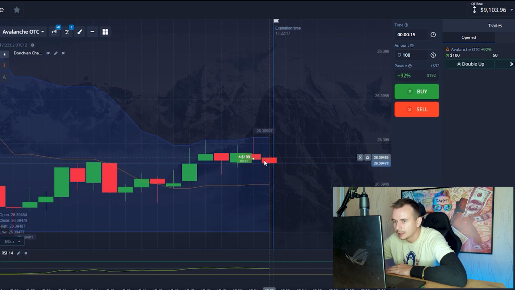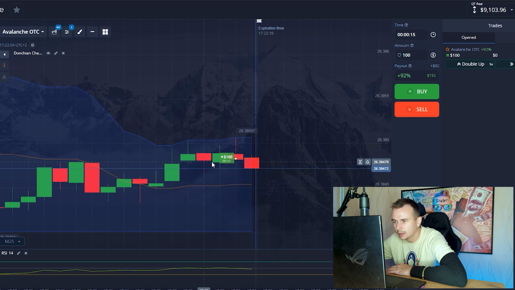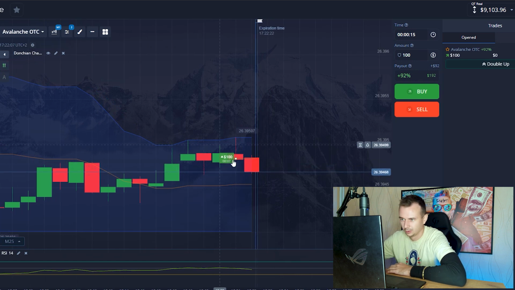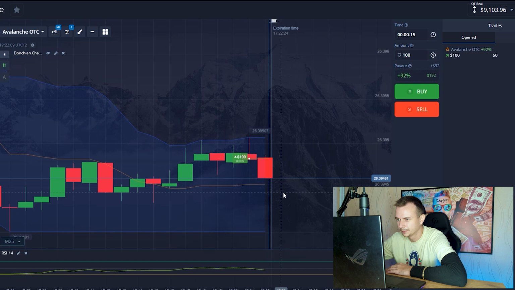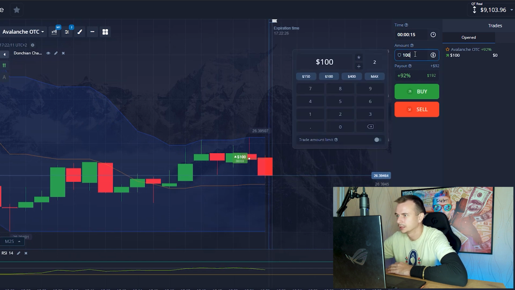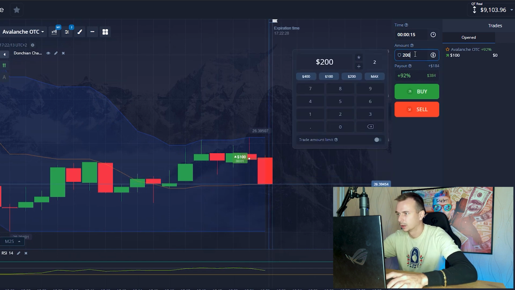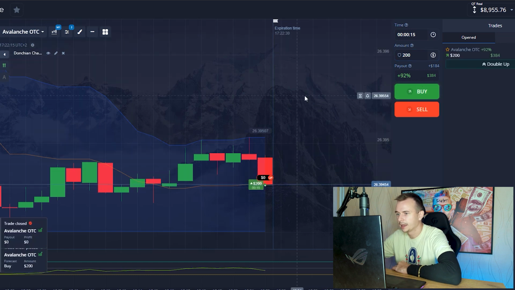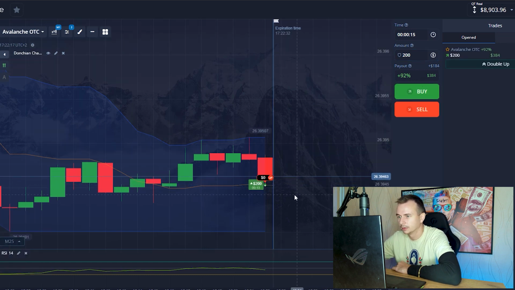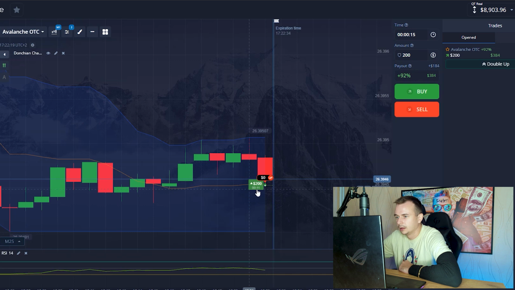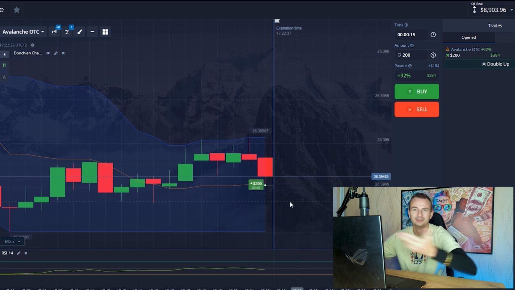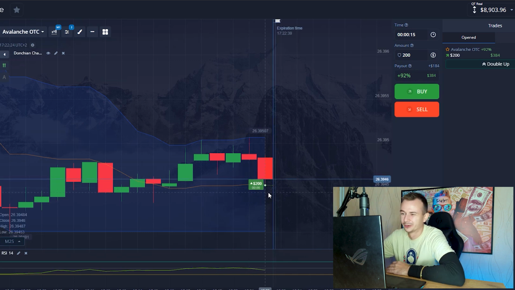Okay, and price is going down. I lose this one, I already know it, but never mind, just change $100 to $200 and buy again from this point, middle point. Okay, 11, I can lose it again, but we will change the price to $400.